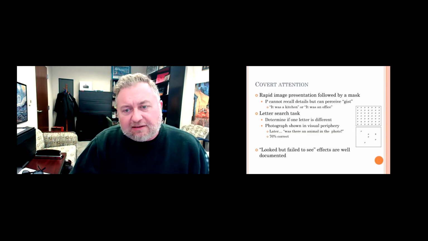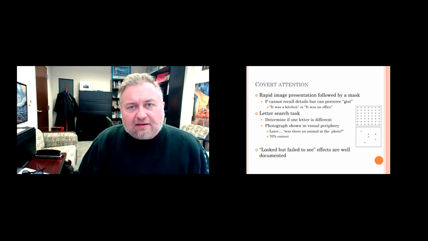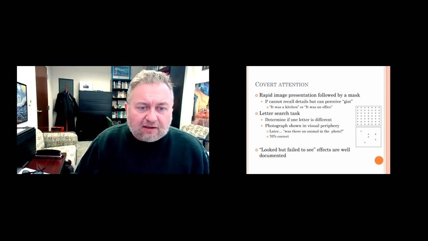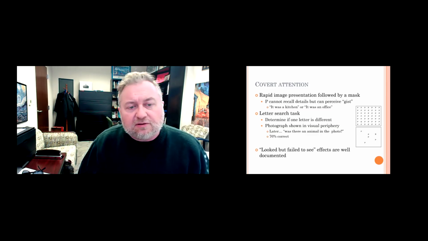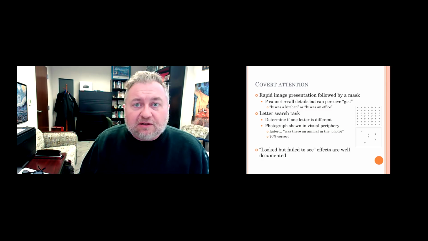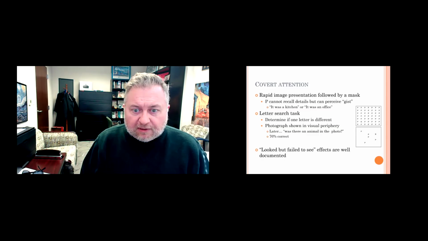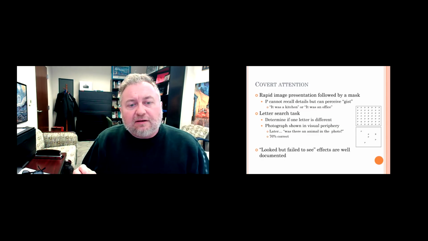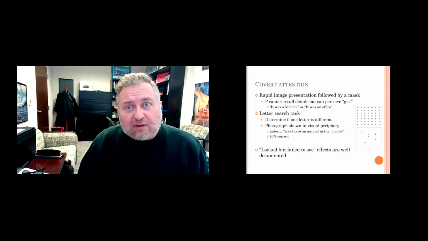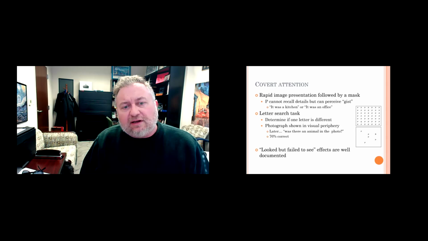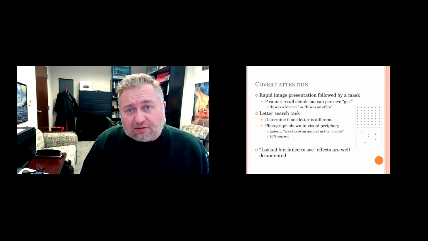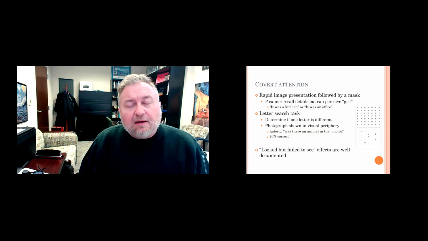So a mask in this case is a technique in attention and vision research, where you can present a stimulus on a screen and you're going to flash it for a brief period of time, and then it's replaced by a different image. That's usually just a bunch of random dots on a screen, right? And that image of the random dots is the mask.